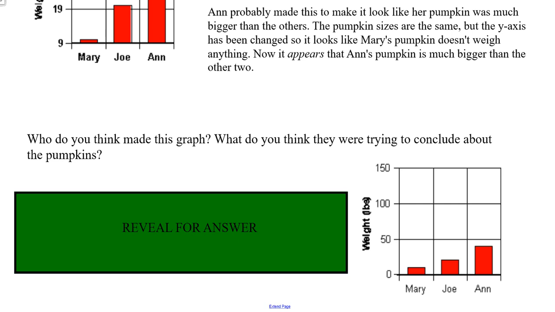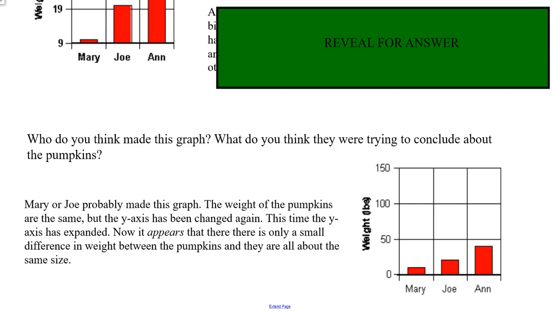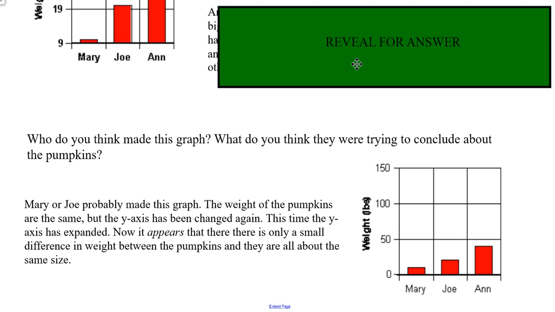That's just because of the scale. If I were to guess, I would guess that Mary made this graph to make it look like her pumpkin wasn't so small in comparison to the others. It's really important that you choose a scale that's appropriate for your data. Otherwise, you're going to distort the data, which, as I said, sometimes people will do to try to make you think something that isn't true.